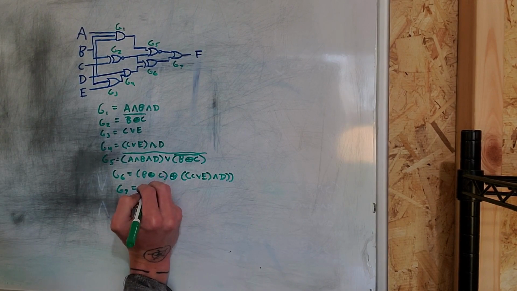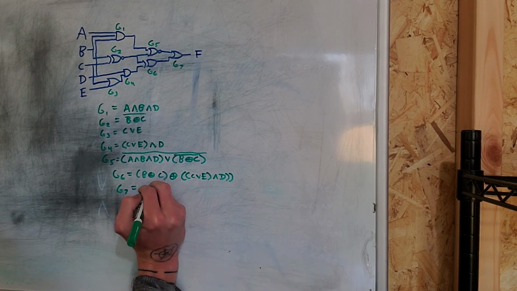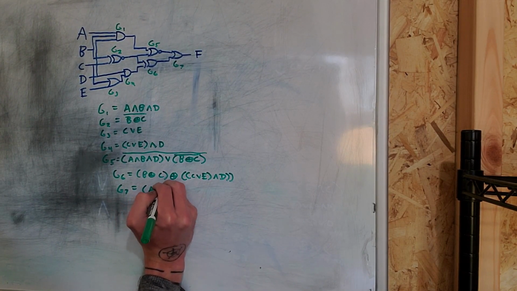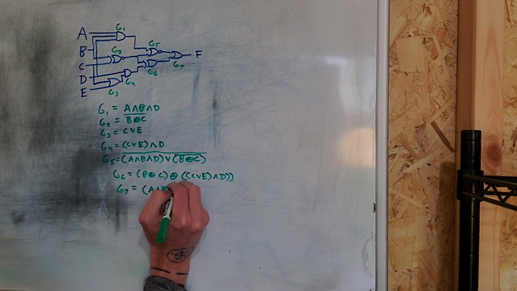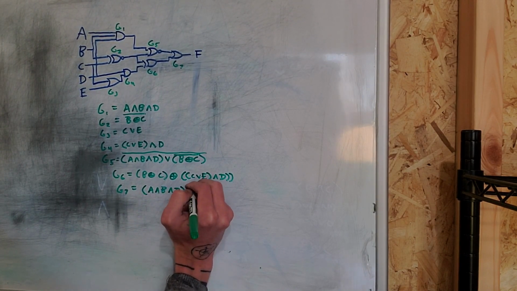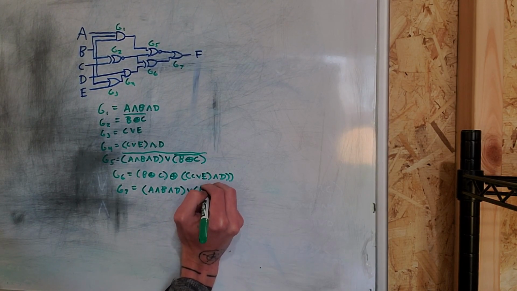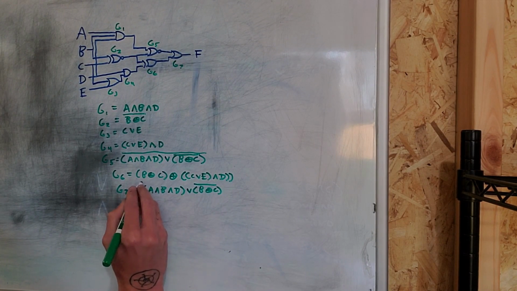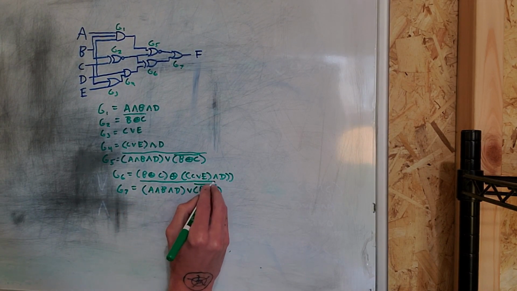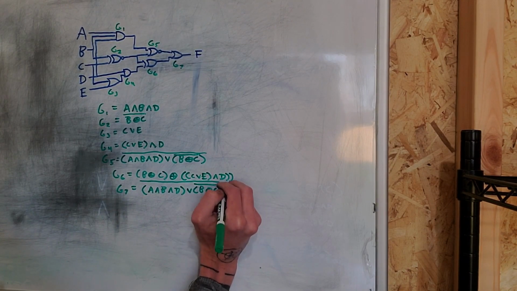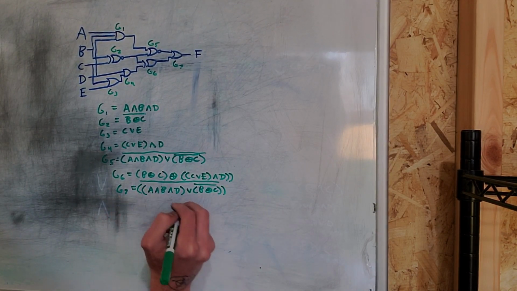So that would be A and B and D, or B XNOR C, and then all of that is negated. And throw in some more parentheses here.